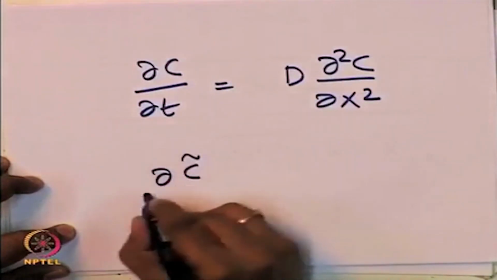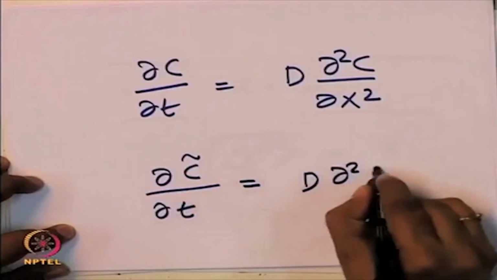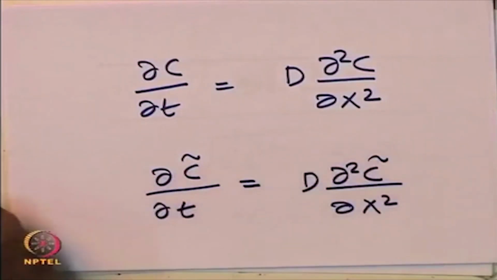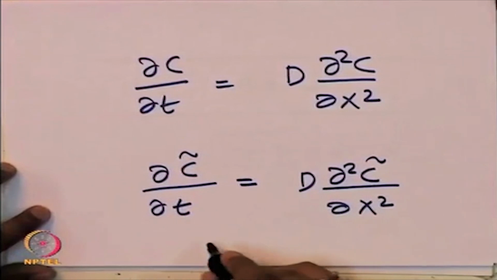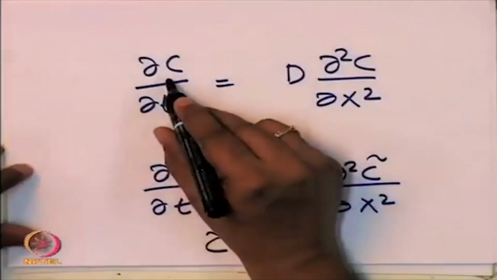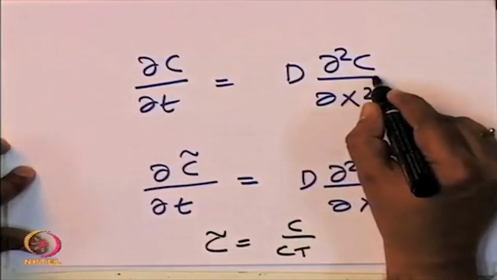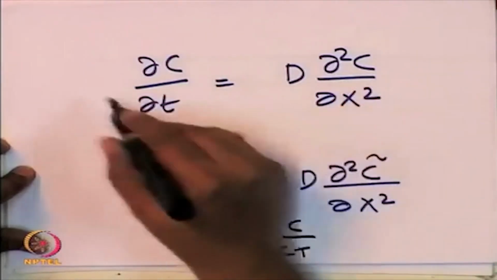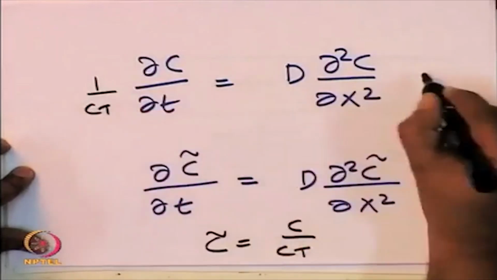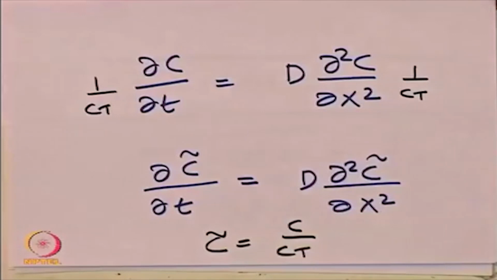I can write this as del C tilde by del t equals D del square C tilde by del x square, where C tilde is defined as C by C t. You just divide both sides by a constant, C t. Since it is a constant, I can get this equation.